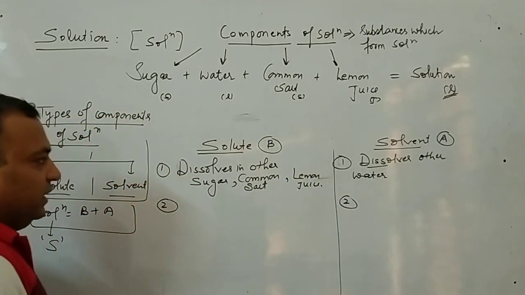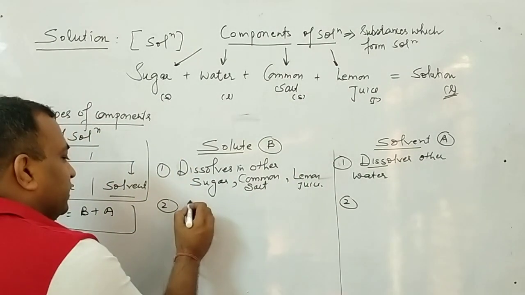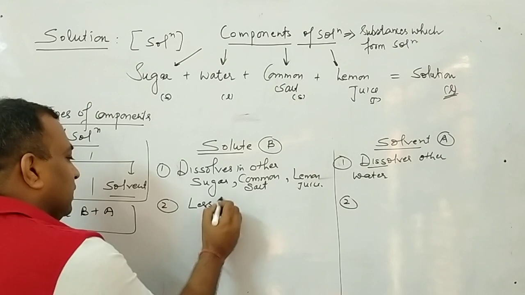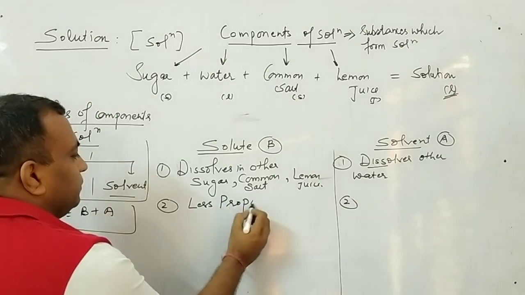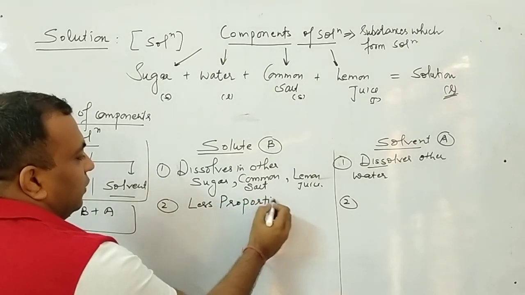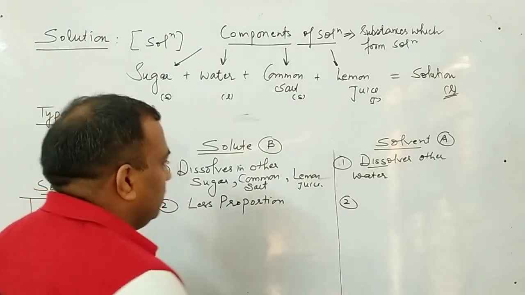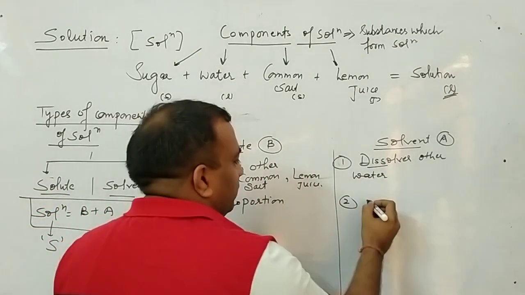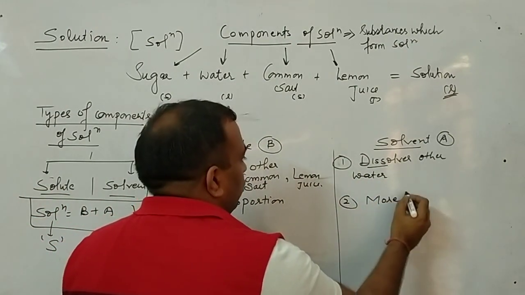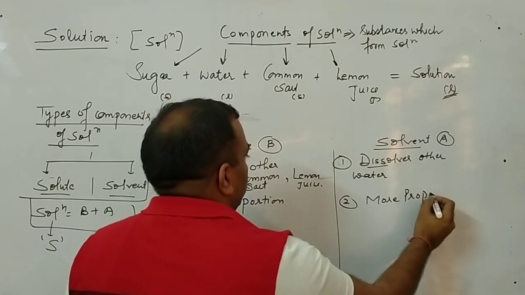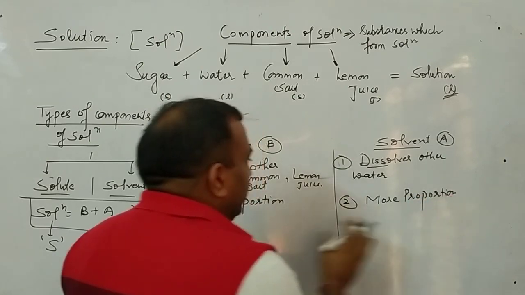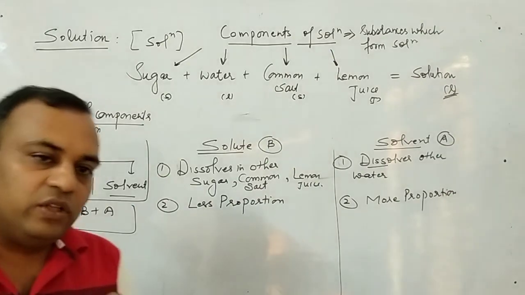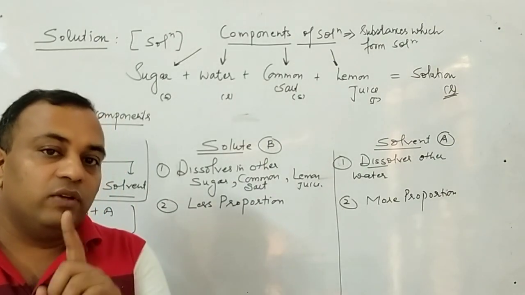Now the second point says, solute is the component which is present in less proportion, whereas solvent is the component which is present in more proportion. So listen, before I start the discussion, I want to tell you one thing, that solvent is always 1.